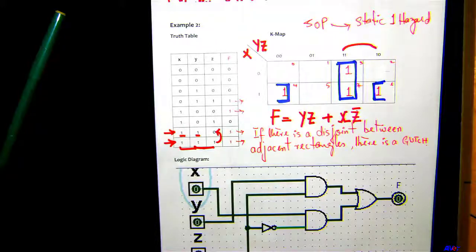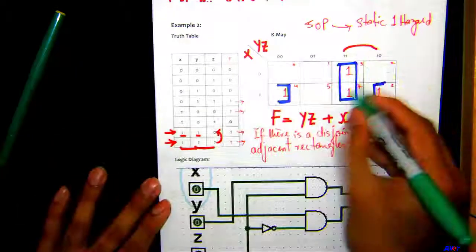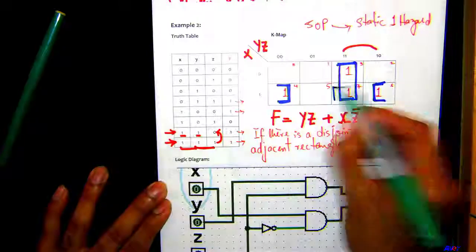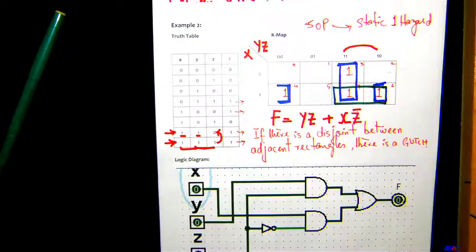How can I connect these two rectangles? Yes, 6 and 7, so I can add another rectangle here, 6 and 7. Unfortunately, you're going to have one extra term in your expression, but this way we would be able to avoid the glitch.